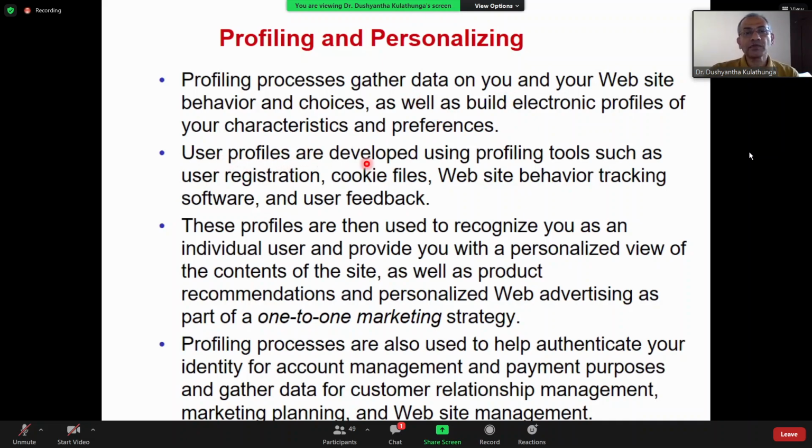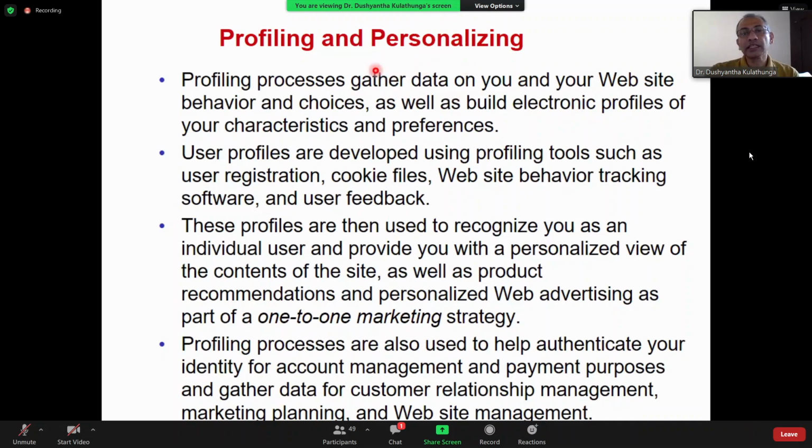Moving on, user profiles are developed using profiling tools such as user registration, cookie files, website behavior tracking software, and user feedback. Profiling is a process of gathering data and thereafter building this profile.